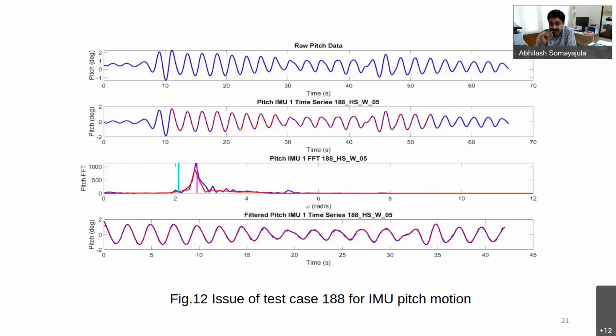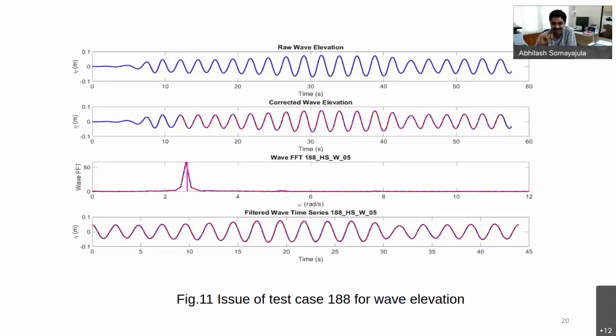So rather than figuring out the reflection from your FFT, Nimesh has a very good point: once you know the wavelength, you can say that so many wavelengths, I'll cut it off. In the FFT, the reflection will also be at the same frequency. The wave frequency will not change.